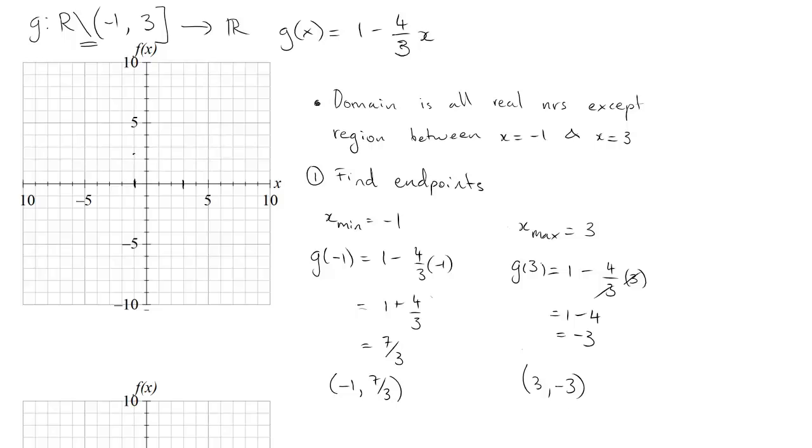We need to decide whether that's going to be an open circle or a closed circle. Now, we are not including -1 in the exception. So actually, the point at x equals -1 will be inclusive in the sketch.